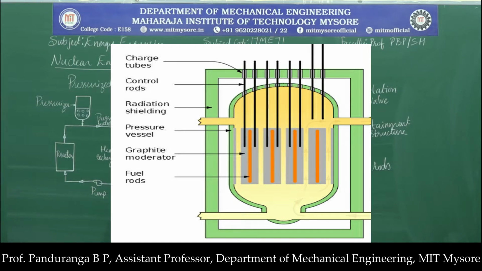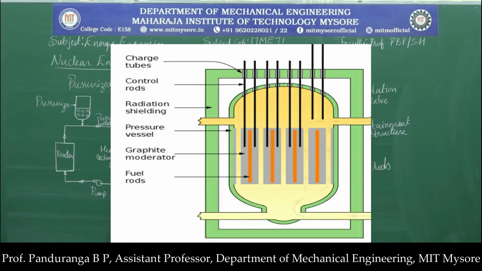We need a slow moving neutron for the continuation of the chain reaction, so the uranium-235 needs to be bombarded by a slow moving neutron. The moderator absorbs energy from the fast moving neutrons and reduces their speed.